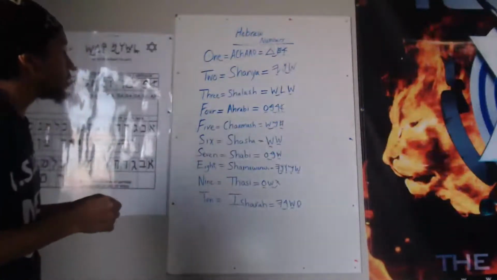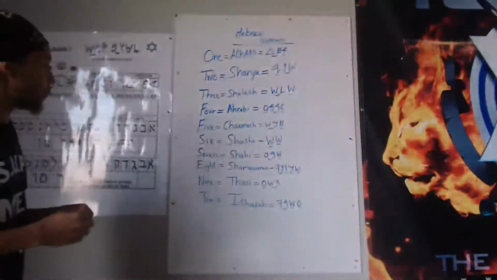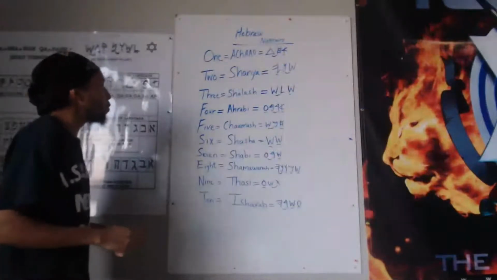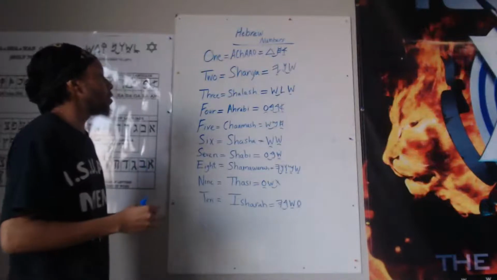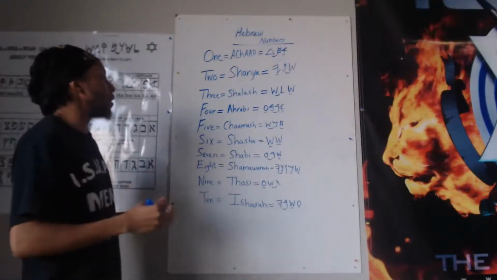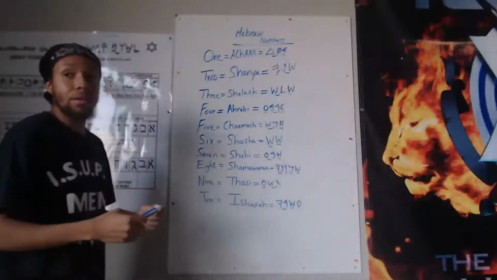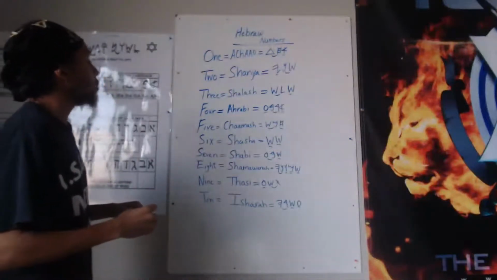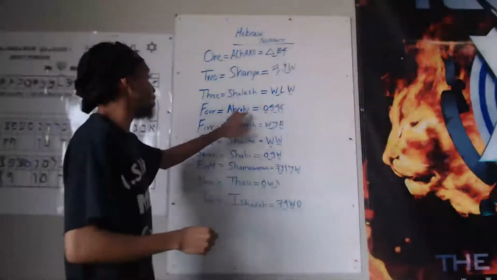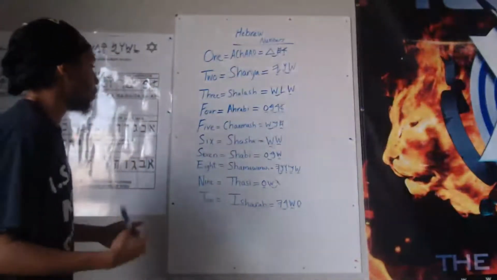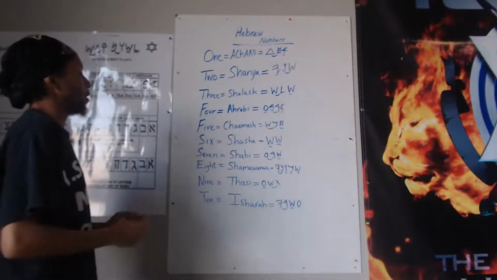I'm going to say it again. Akai, which is number 1. Shanya for number 2. Shalash for number 3. Number 4, Arabi. No, it's like Arabi. I always get that mixed up. Arabi is number 4. Number 5 is Kamash.